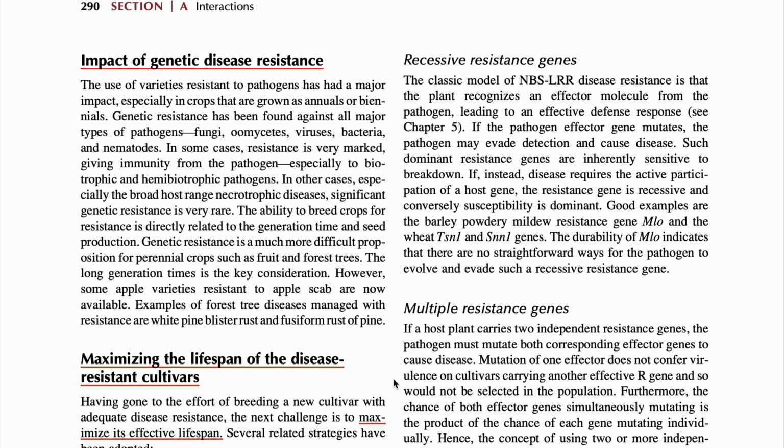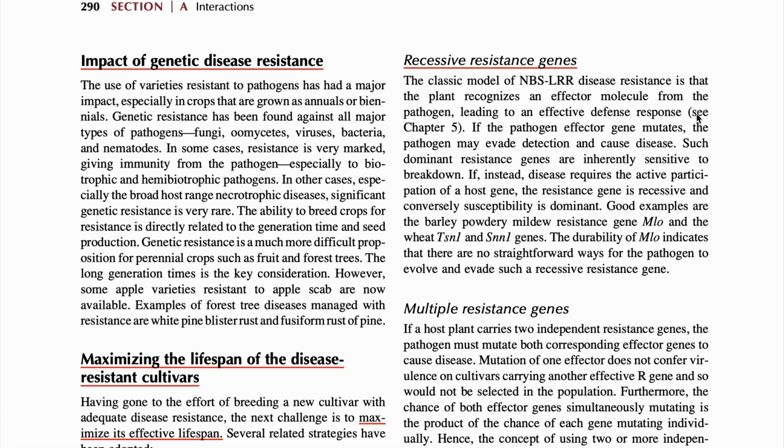We know that. The next point is recessive resistance genes. The classical model of NBS-LRR disease resistance is that the plant recognizes an effector molecule from the pathogen, leading to an effective defense response.